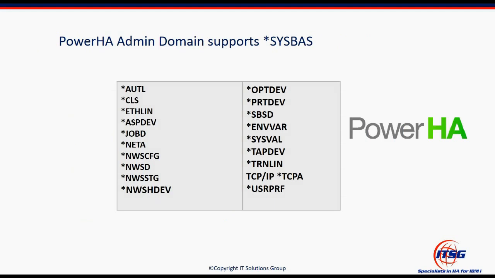Earlier I mentioned the PowerHA admin domain that supports sys-based objects, primarily QGPL, QUSRSYS, and QSYS. You'll notice on here that star file is not on here though. That's important because if you're using something such as QCLSRC in QGPL, that file cannot be replicated with the admin domain.